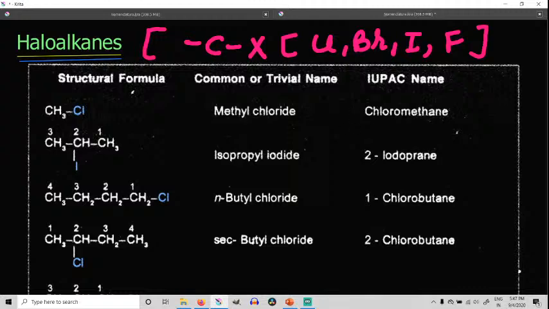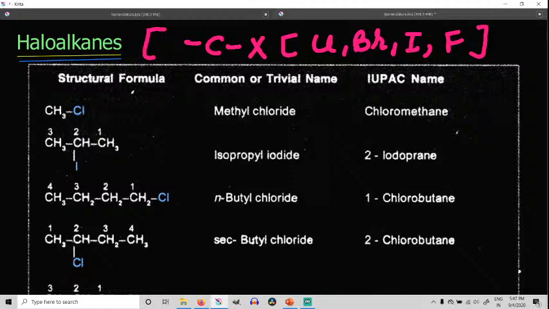Why chloro? Because the IUPAC name of fluorine is fluoro, chlorine is chloro, bromine is bromo, iodine is iodo. Since chlorine is present, the IUPAC name is chloromethane. Understood?